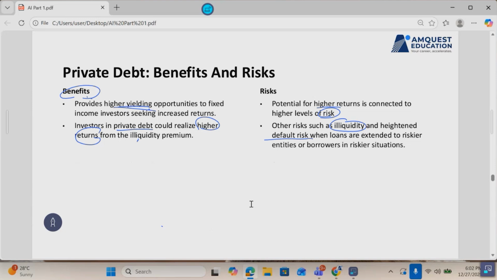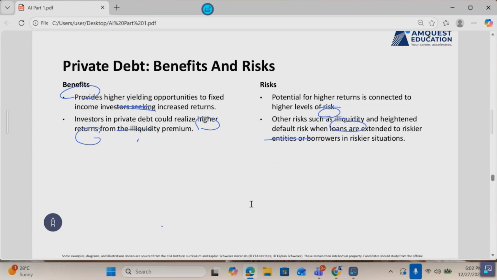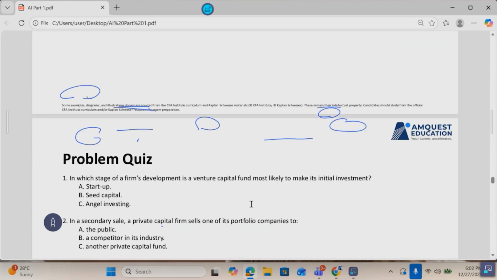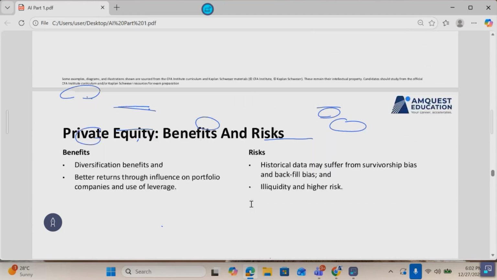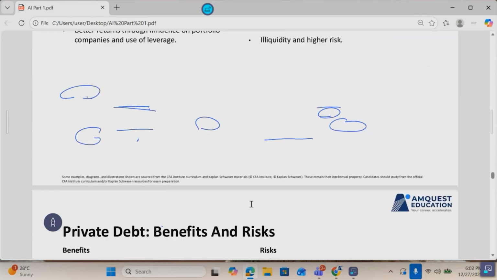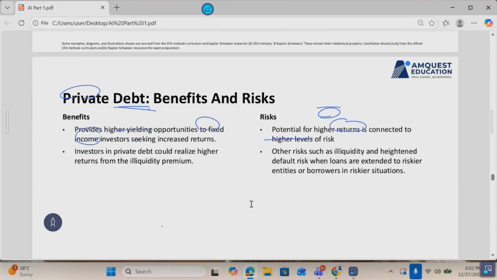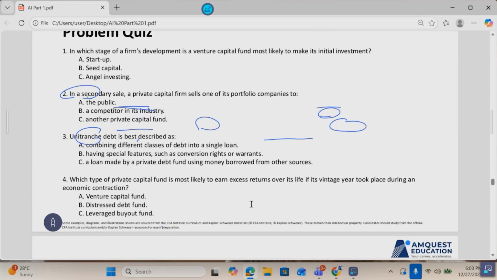These people don't have much collateral or much credit rating as well. So you run a greater risk with such people because they don't have much backing that will allow them to repay the amount. Clear? So private equity and private debt have their own benefits and their own set of risks as well. Clear? Any questions, guys?